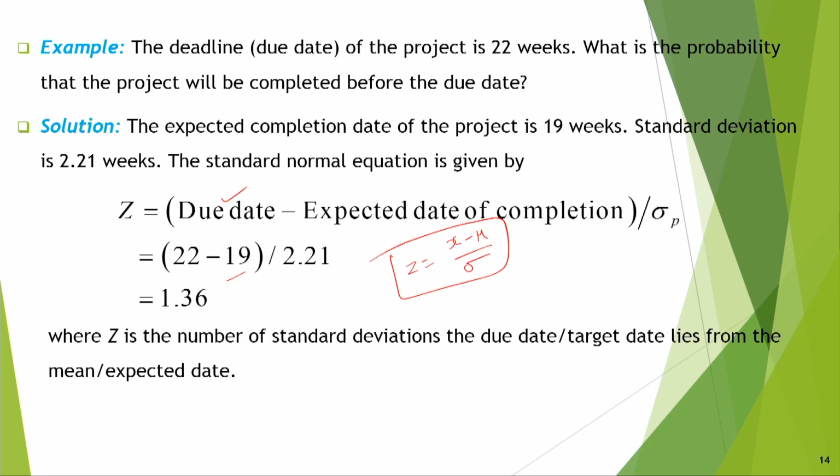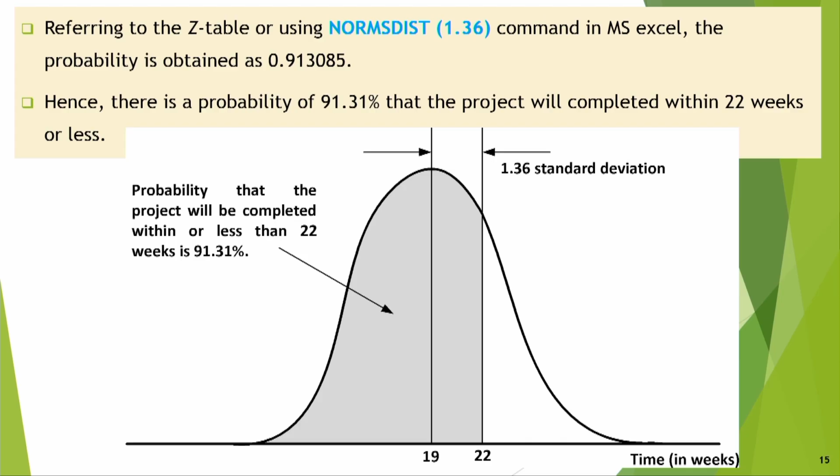Here Z is the number of standard deviations the due date or target date lies from the mean expected date, that means it is 1.36 sigma away. So, the probability that it will be completed by 19 weeks is 50%, but 1.36 standard deviations comes here.